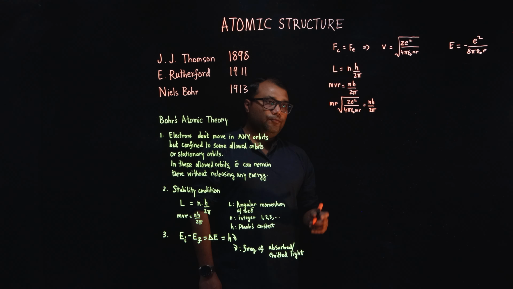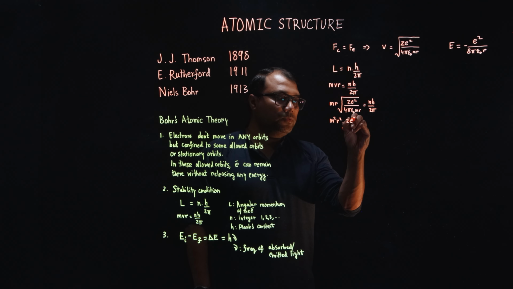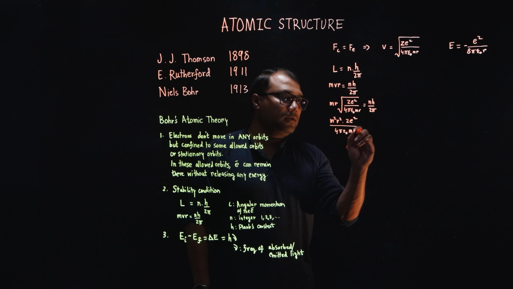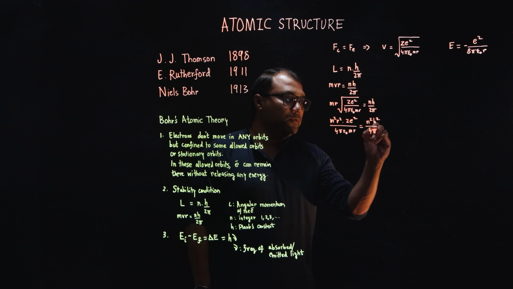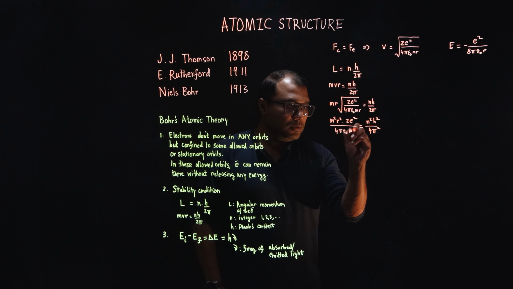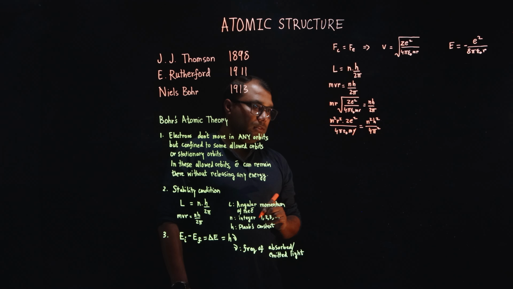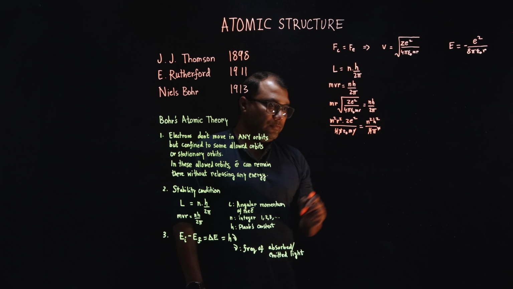Let's square both sides: m square r square times z e square by 4 pi epsilon naught mr is equal to n square h square by 4 pi square. Now r and r we can cancel, 4 pi and 4 pi we can cancel.